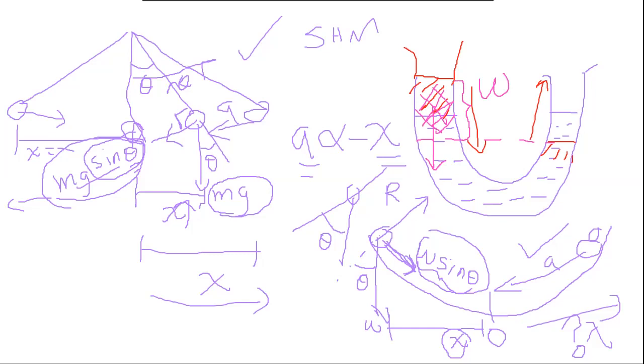So if the level rises further up, what happens to the force which is trying to restore it back, trying to push it back? Increases, right? More water above the level. So when displacement gets bigger, the amount of water on top gets bigger. So the force trying to push it down increases. So this is also considered an SHM.